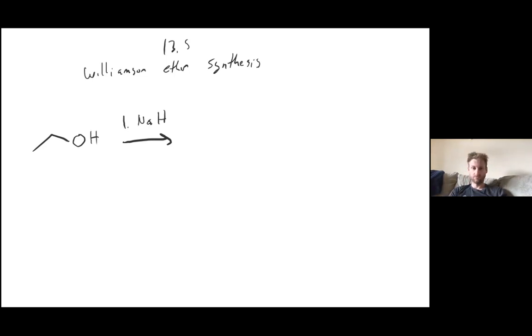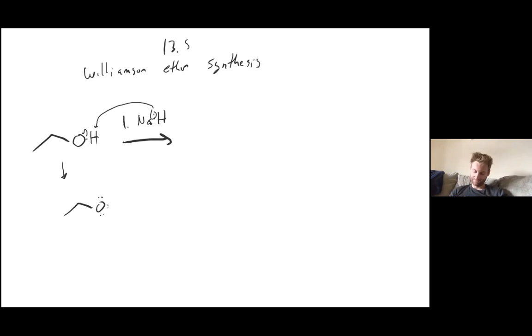There we go. So sodium hydride to act as a base here. We can pull off this proton to generate an O minus here.